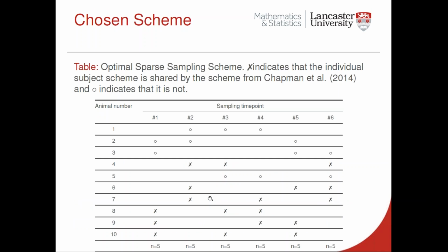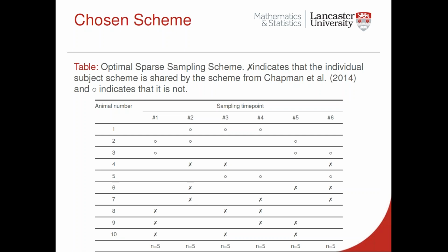Okay, so in practice, what does that look like? What does that correspond to in terms of comparing to the proposal by Chapman? So here, on this table, you can see what the optimal sparse sampling scheme looks like.